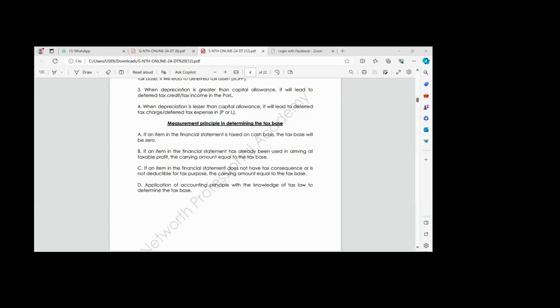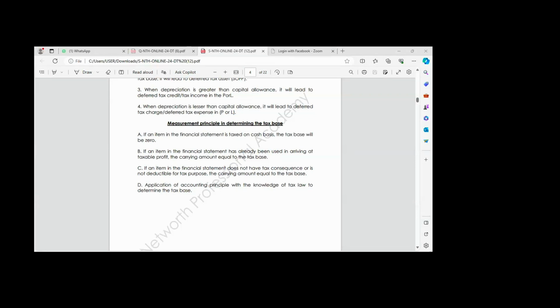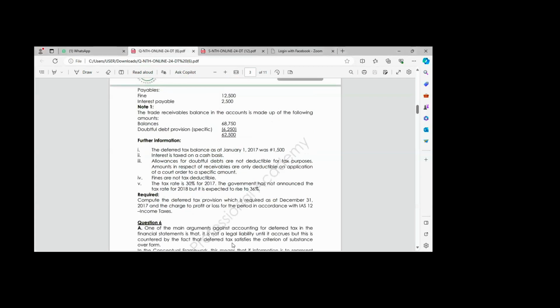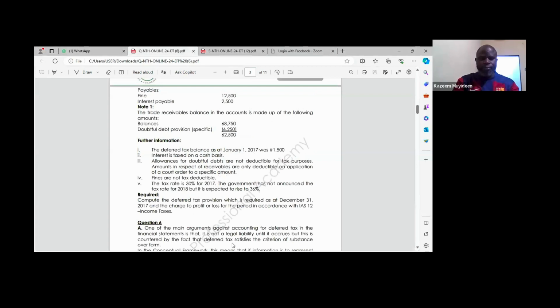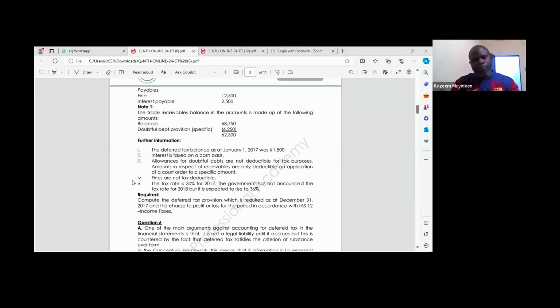I'm sharing and the sharing is not working, I don't know why. You can stop the sharing and then reshare again. It's going to work, no problem. Can you see now? Yes, sir.